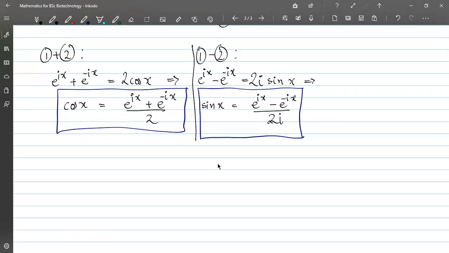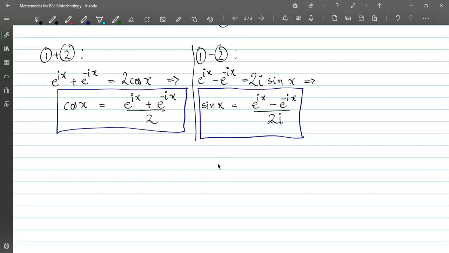This allows us to theoretically calculate facts about cos x and sin x. For example, you can now find limits involving cos x and sin x because you know it in terms of e, and e to the power of x itself is known in terms of its series.